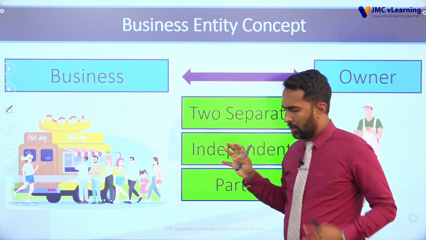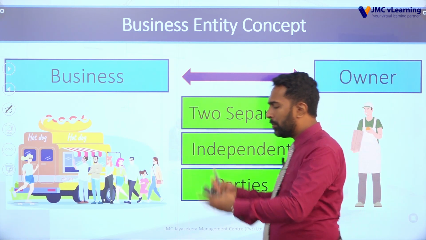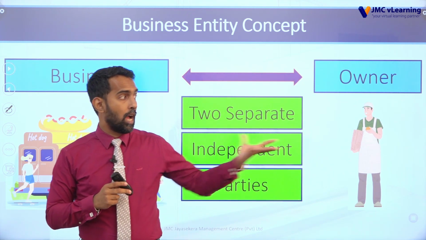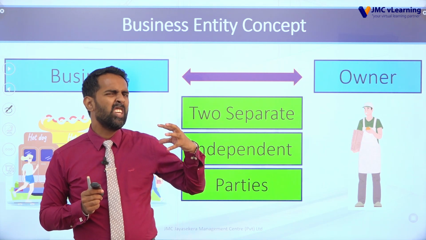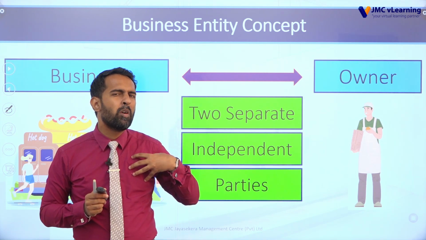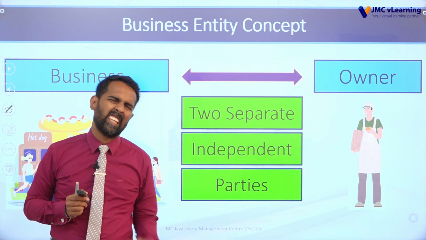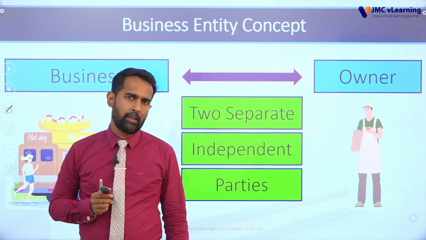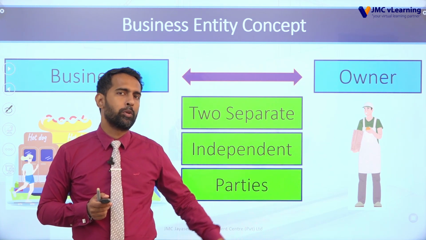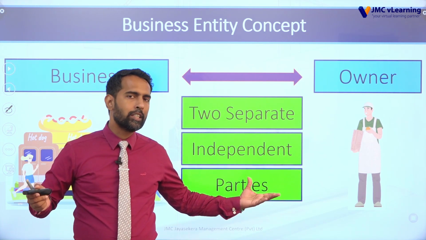I am the owner, I have given money to the business. Let's look at it from the business point of view. I am the business. I got money, even though it is from the owner, I am committed, I am obliged to pay it back. That's the beauty of it. Someone can think, okay, this is the owner's business, why should I commit to him? It's his business. No.